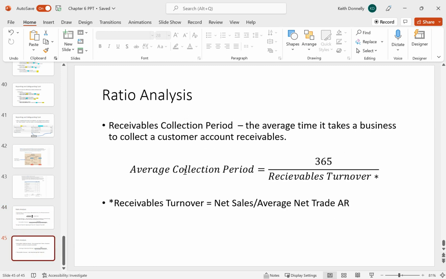In any event, if 365 ended up being 35 days, what this is showing is that, on average, when we make a sale on account, it takes us 35 days to collect it, to get the cash. That's what they mean here by average collection period.